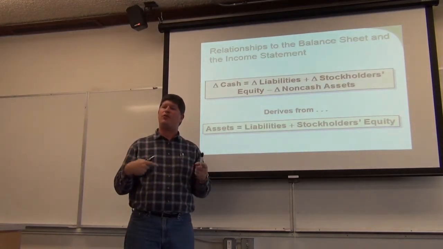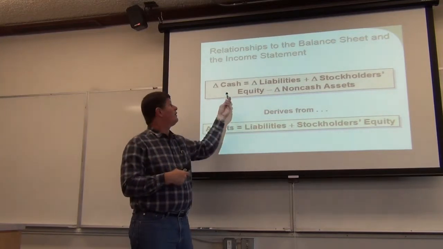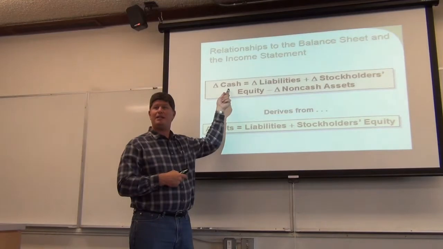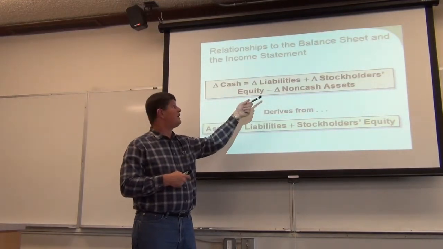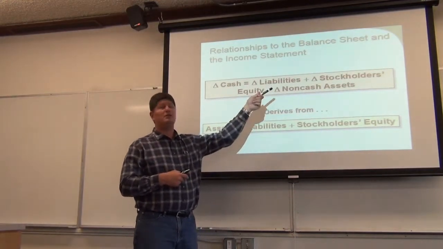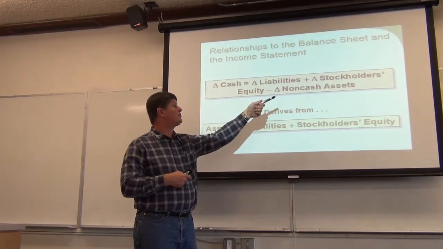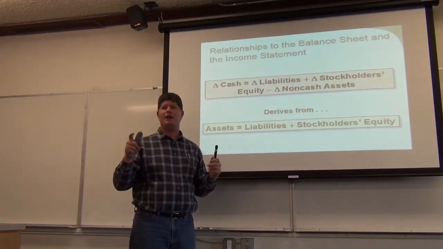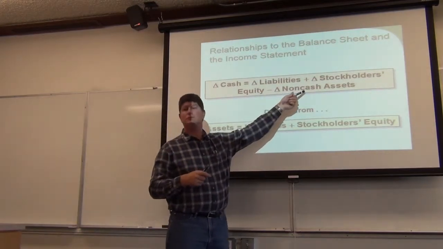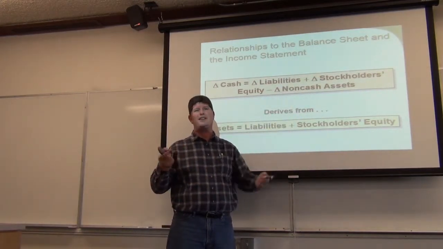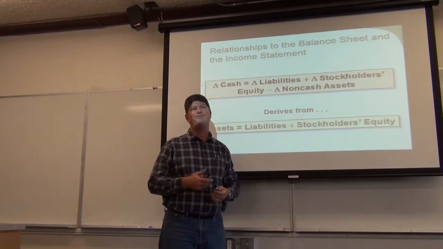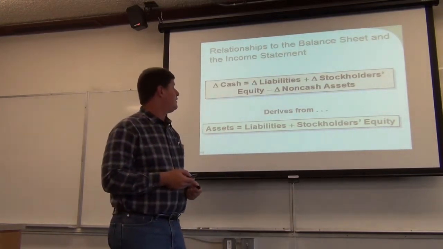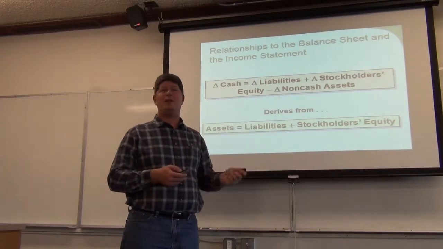If you think a little further down the road, this statement is true: the difference in your cash from beginning to ending is the same as the difference in your liabilities plus the difference in your stockholders' equity minus your non-cash assets, i.e. your investing activities, kind of, right? Your property, plant, and equipment sort of thing. That's the formula way to do it.